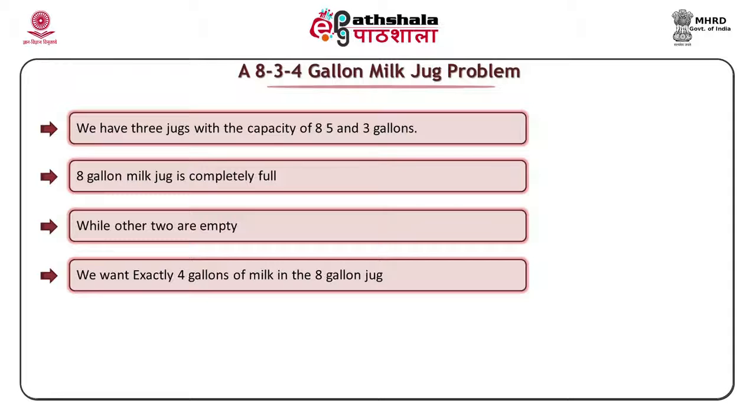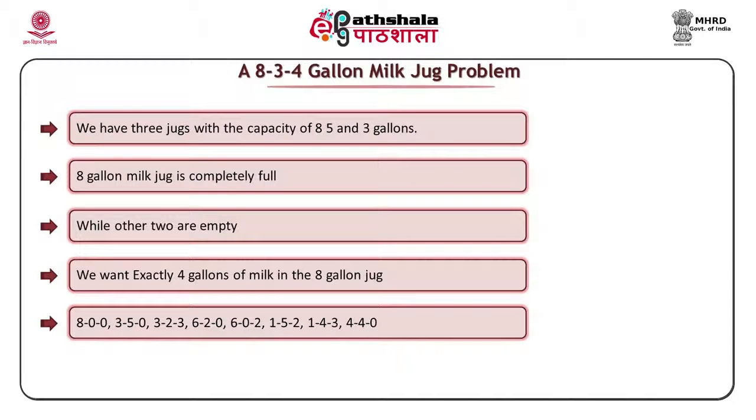We again do not have any measuring device with us. And you can see on the slide one solution which begins from 8, 0, 0. Now that is the representation: 3 integers, the simplest representation of this particular problem. And you can see that at the end what we have is 4, 4, 0. That means 4 gallons of milk in the 8-gallon jug.